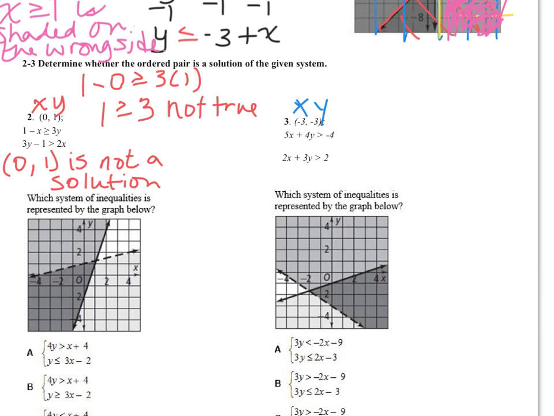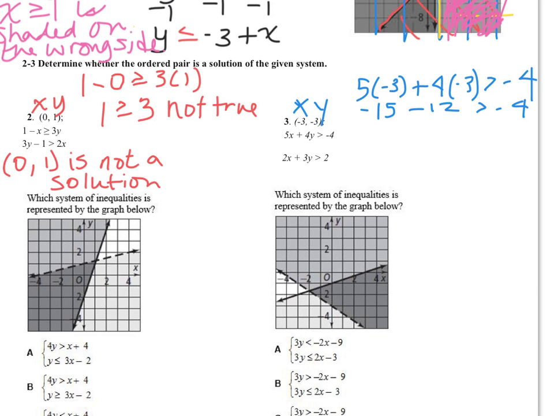So I have 5x, so 5 times -3, plus 4y, y is -3 also, is greater than -4. Five times -3 is -15. 4 times -3 is -12. Is -12 greater than -4?